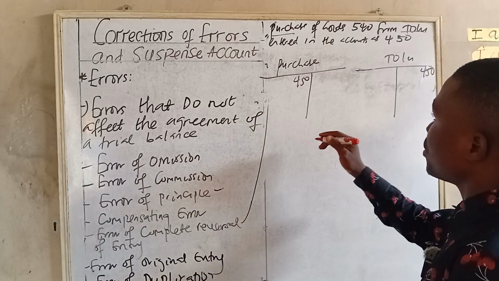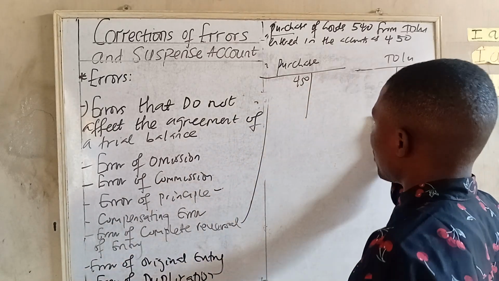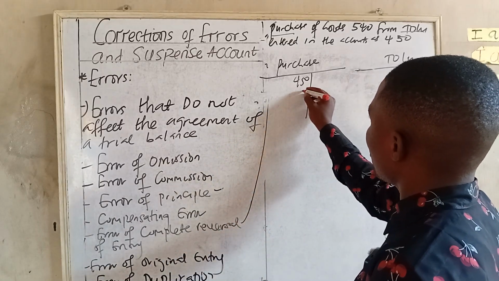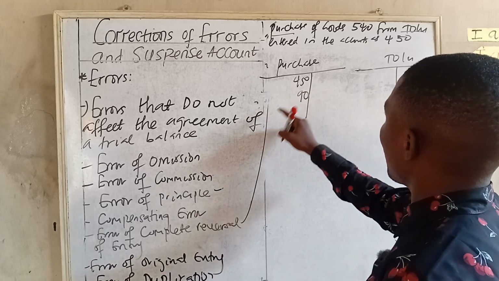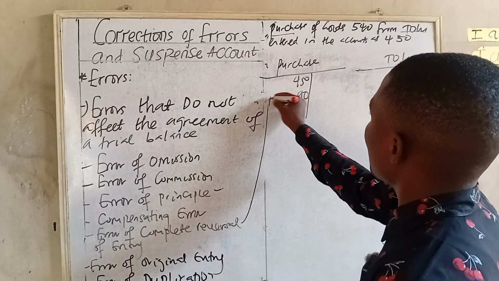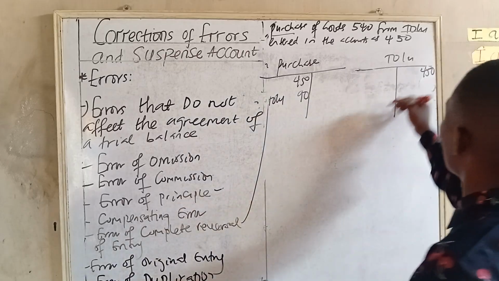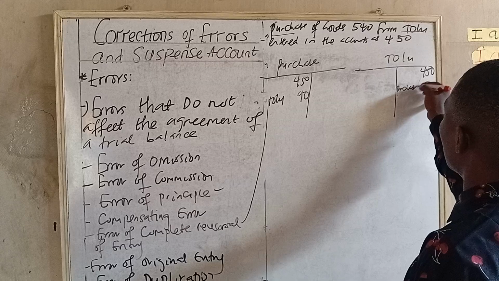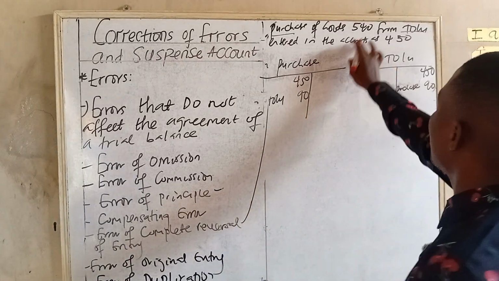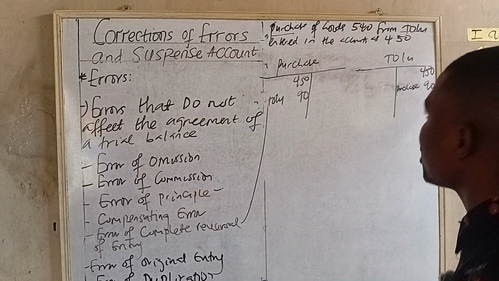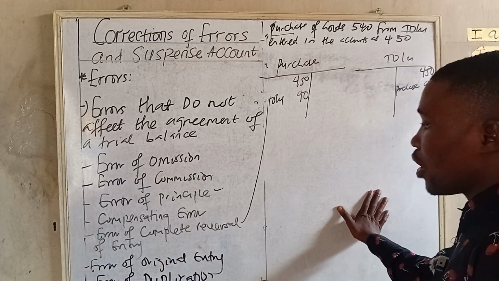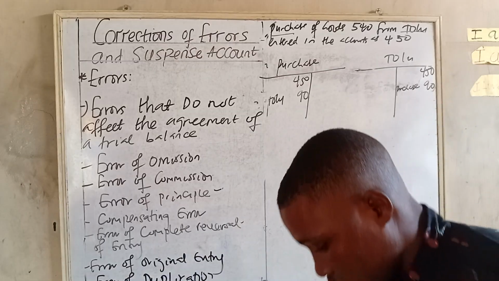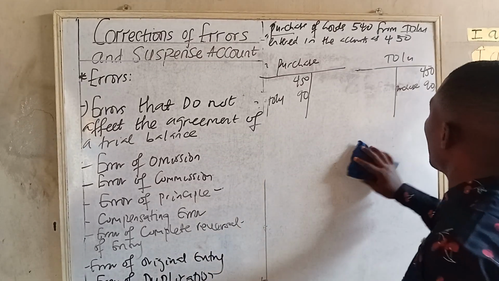To correct this error, we come here and add 90 naira from Tolu, 90 naira to the purchase account to make up for this 540. So this is how to correct this error of original entry.